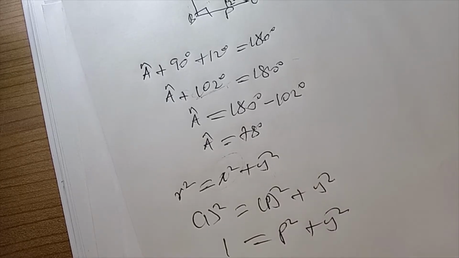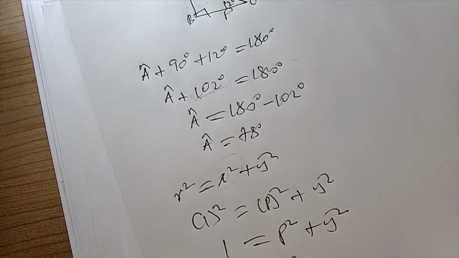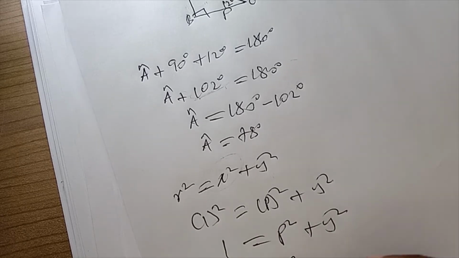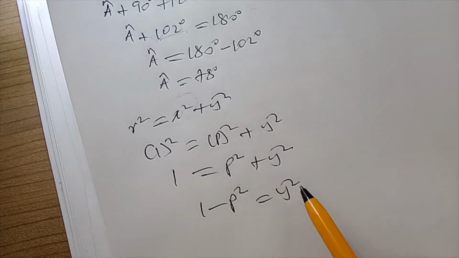Then here we're going to have 1 equals p squared plus y squared, okay? Then for us to solve for y, let's take this one to the other side. It is positive. When you go to the other side, it's going to be negative. Then we end up with 1 minus p squared equals y squared, okay? We are looking for y, not y squared, okay? Then it means we should make this 2 a 1, and we are going to do that by a reciprocal, okay?